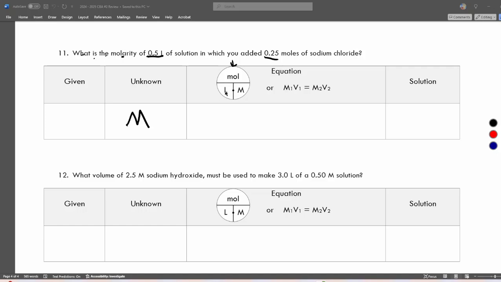That's what I'm looking for. So we said, whatever our unknown is, we cross it out of our molarity wheel, and then we do what this says. This says moles over liters. So I'm going to take 0.25 moles over 0.5 liters equals, let's put that into our calculator.